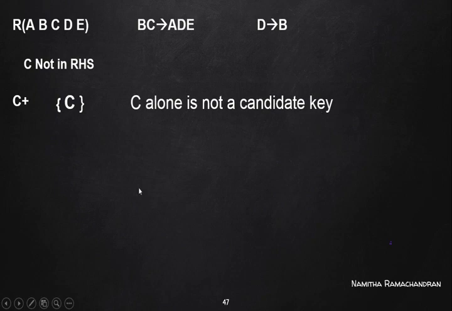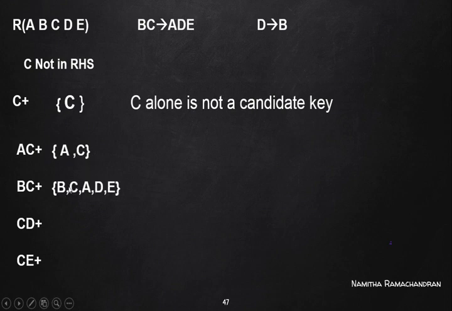So consider the next higher set. That means a set containing 2 elements and one among them is C. So what are the possibilities? AC, BC, CD, CE. So find out the closure. AC closure is AC. BC closure is BC, and if we know BC, we can derive ADE. And CD closure is CD.